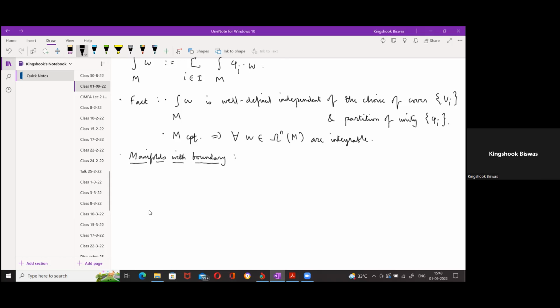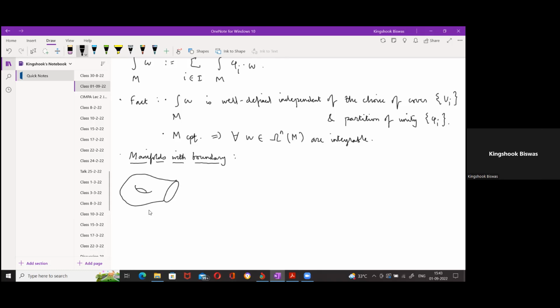Any questions? Okay. You know intuitively what a manifold with boundary looks like, right? It could be, for example, a torus minus a disk, so the boundary would consist of this circle here. This would be the boundary of the manifold.